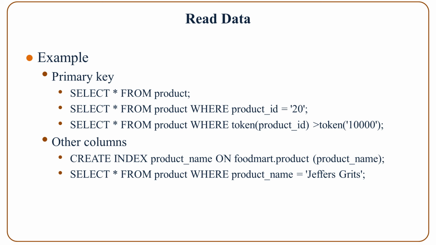To create an index, we use create index and then the index name on the keyspace name dot the table name, in this case foodmart dot product, and then the column name. And here we have product name, which is the one that we need in the where condition. And then later we can say select star from product where product name is equal to Jeffers grids.